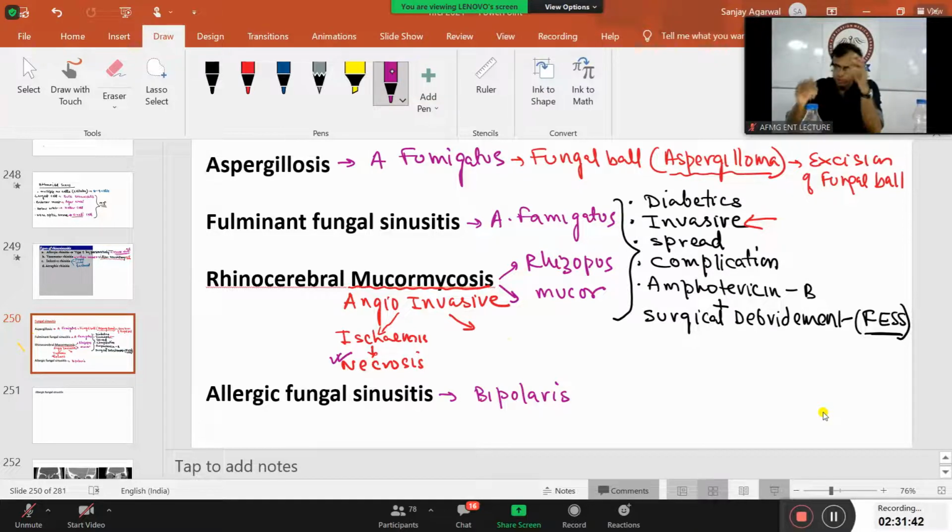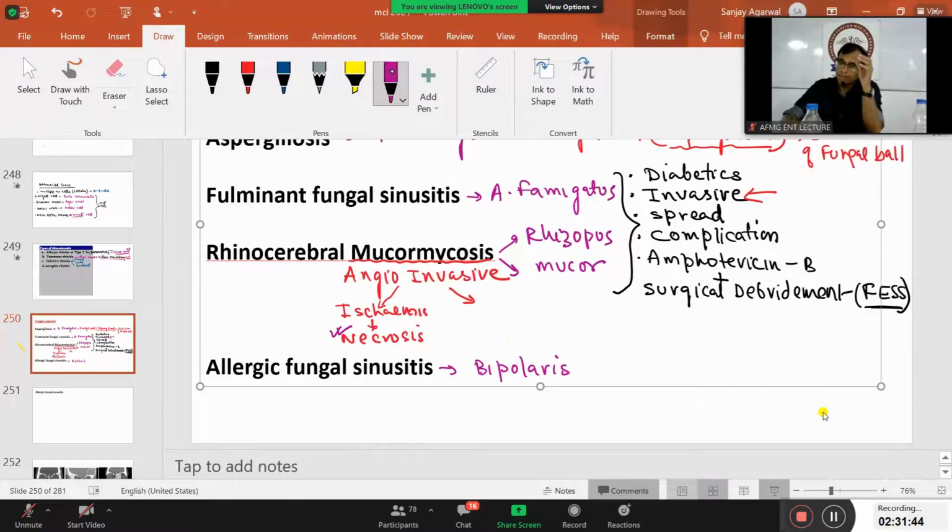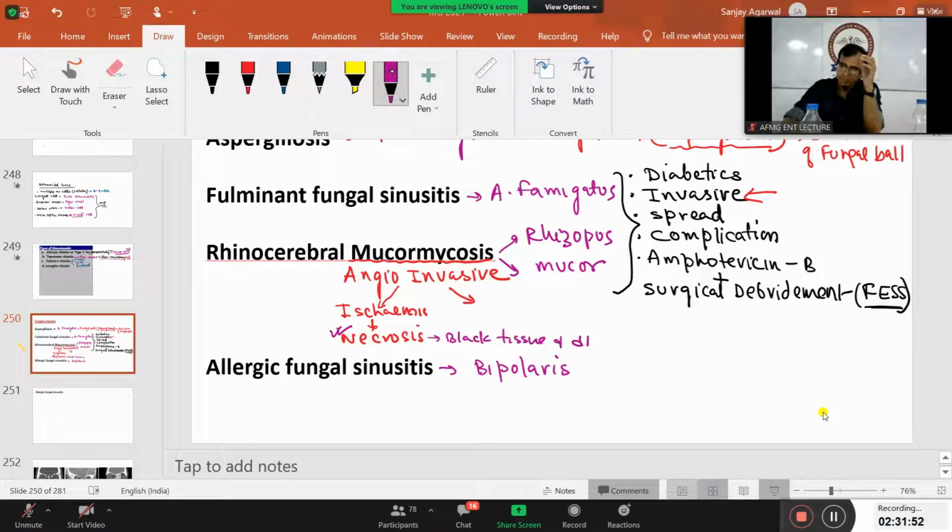What is the color of necrosed tissue? Black. So there is black tissue, black discharge. इसलिए इसको black fungus बोलते हैं. That's why it's called black fungus. And you must have heard this name during COVID, black fungus.